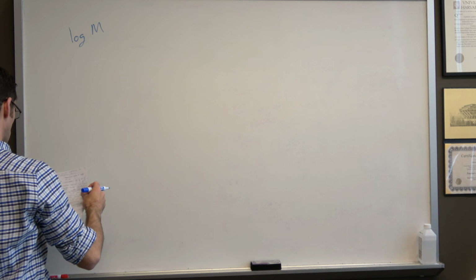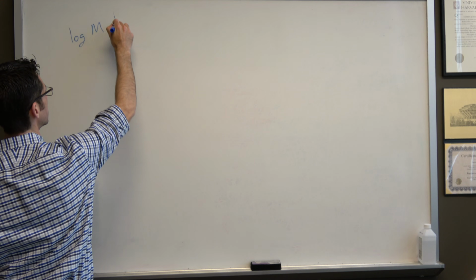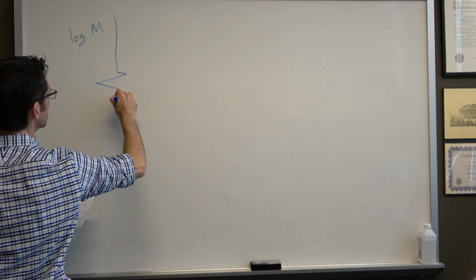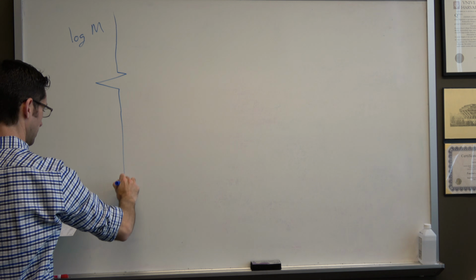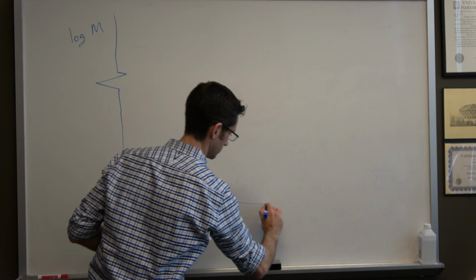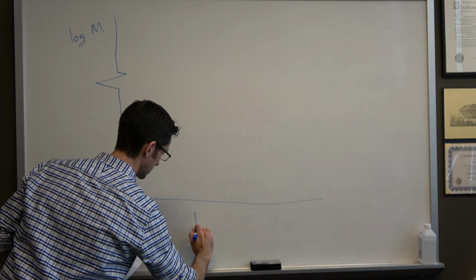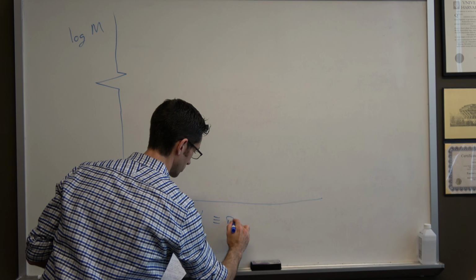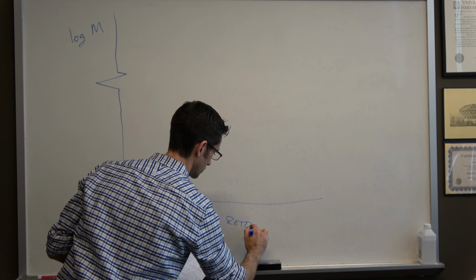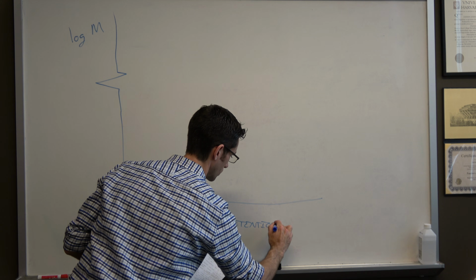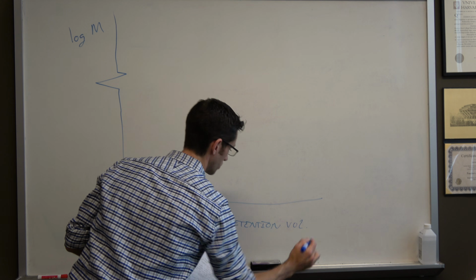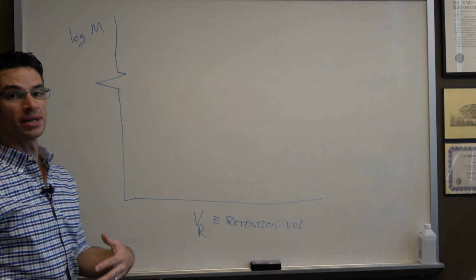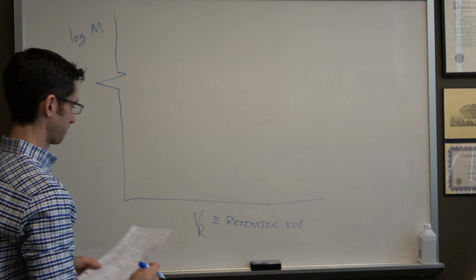So this is log of the molecular weight, and I want to plot these on the same axis, versus V sub r, the retention volume, which is related to the retention time by the flow rate.